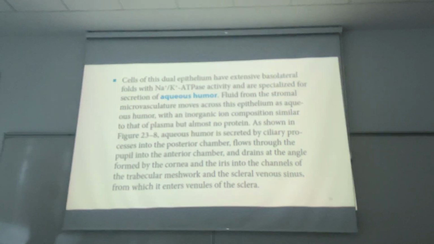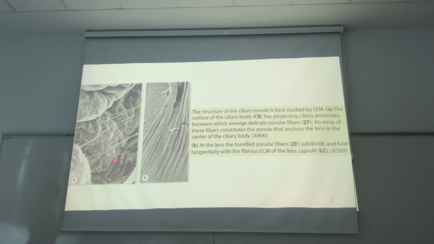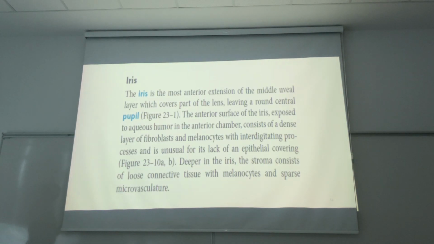We talked about aqueous humor. Ciliary zonules: here you can see the ciliary zonules connected with the lens and the ciliary body. The other structure at the end of the vascular layer of the eye is known as the iris.